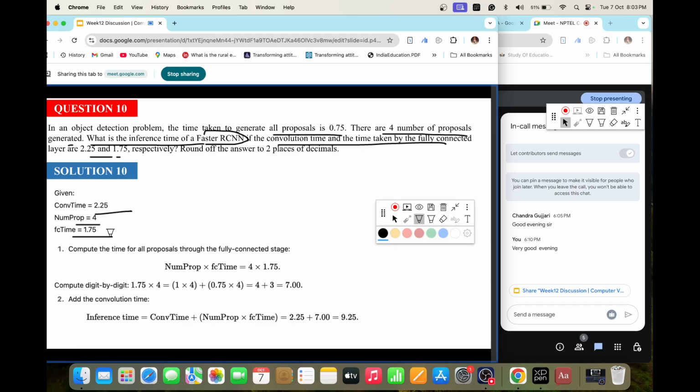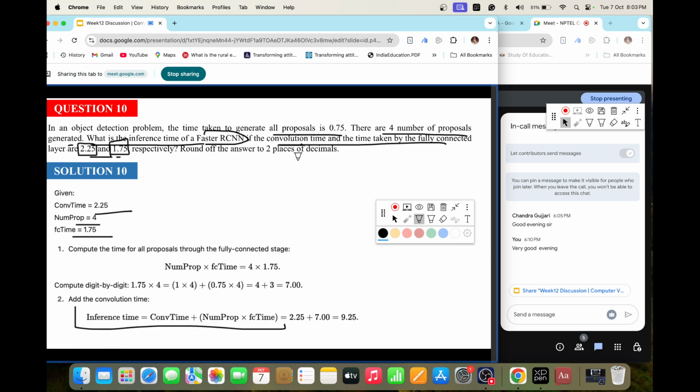Yes, you can easily solve it. Convolution time is 2.25, and fully connected layer time is 1.75. So what is the formula? This is the formula for inference time in the case of Faster RCNN. In the case of region-based RCNN, the number of region proposals is also multiplied.